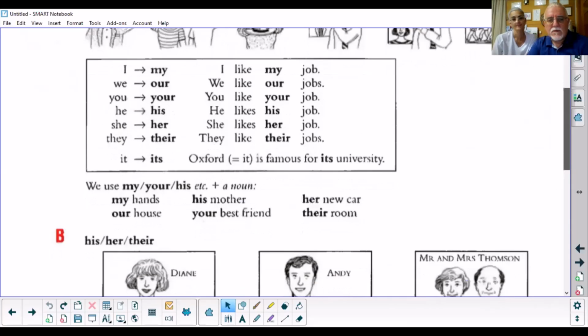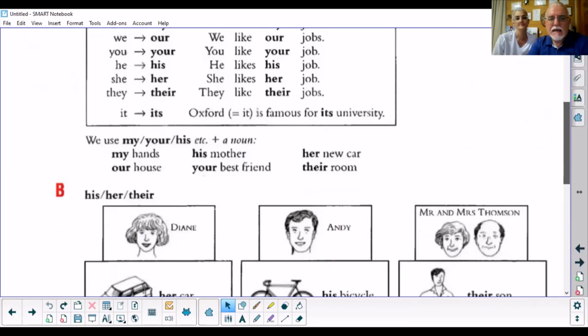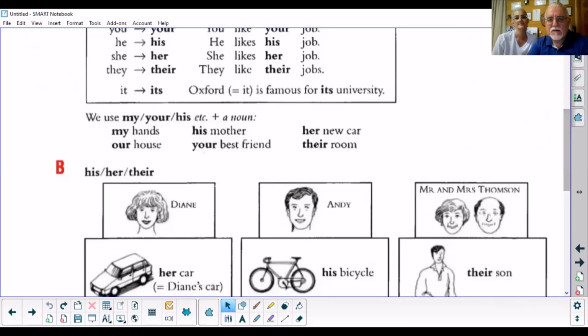Okay, so we use my, your, his, etc. plus a noun. My hands. Minhas mãos. His mother. Mãe dele. Her car. Carro dela.